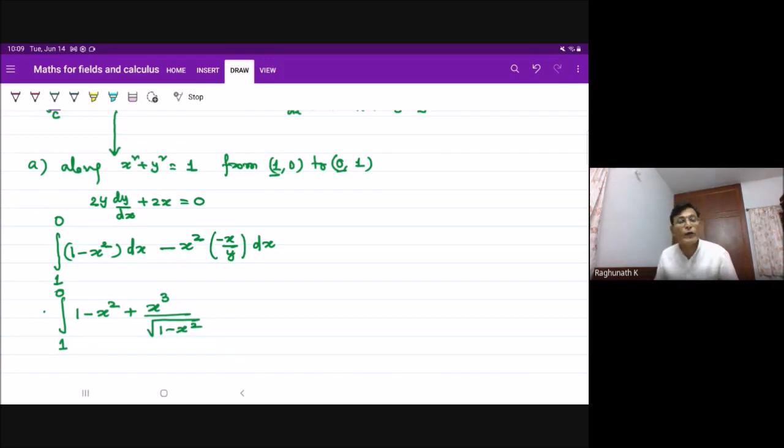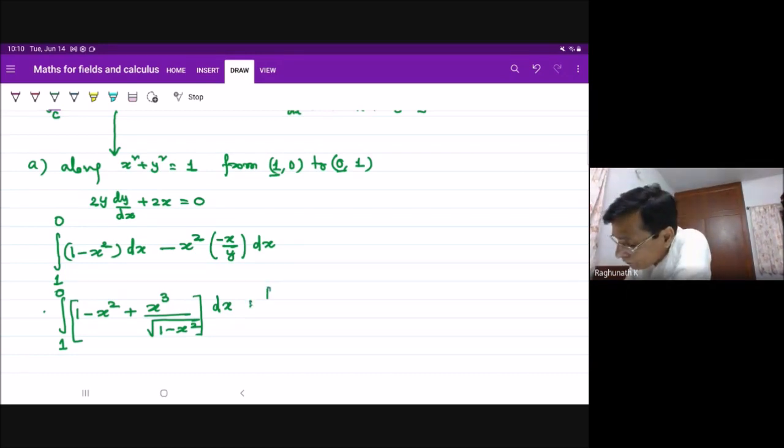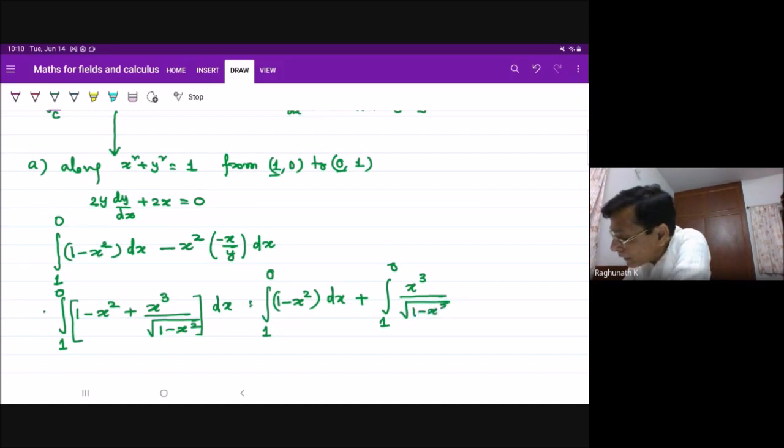Minus plus x cubed by root of 1 minus x squared dx is equal to integral 1 to 0 1 minus x squared dx plus integral 1 to 0 x cubed by root of 1 minus x squared dx.